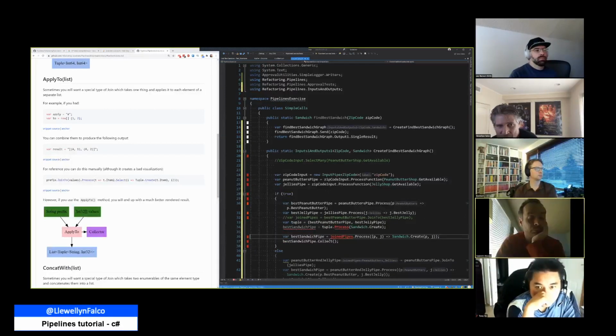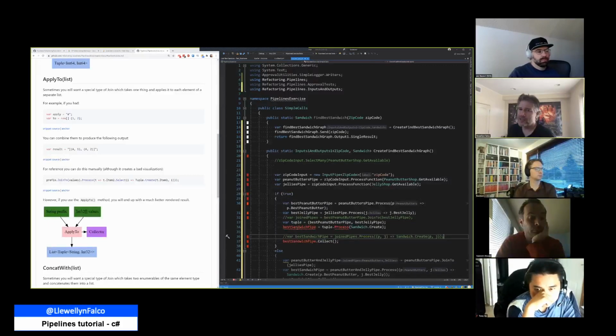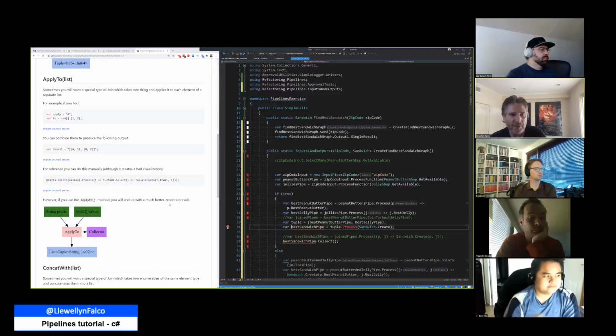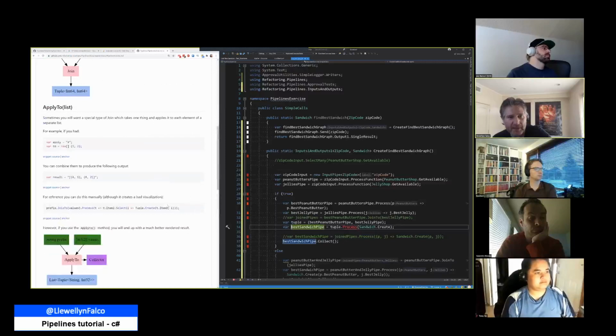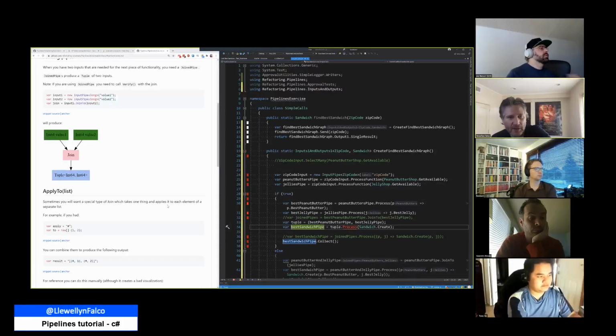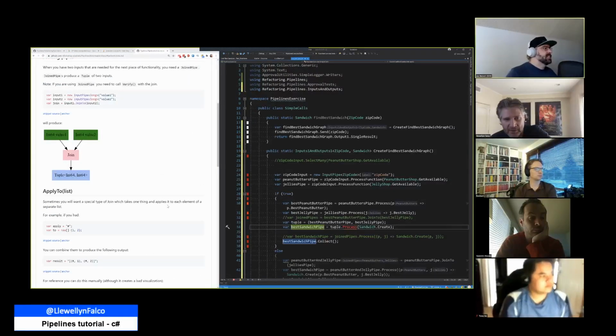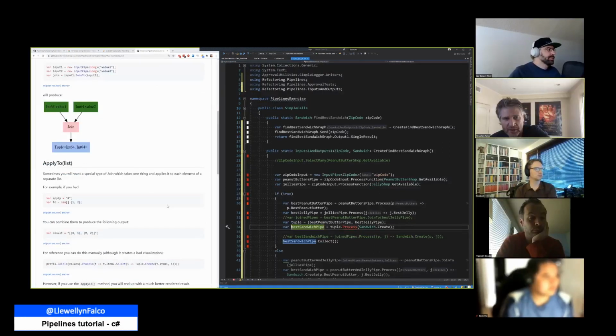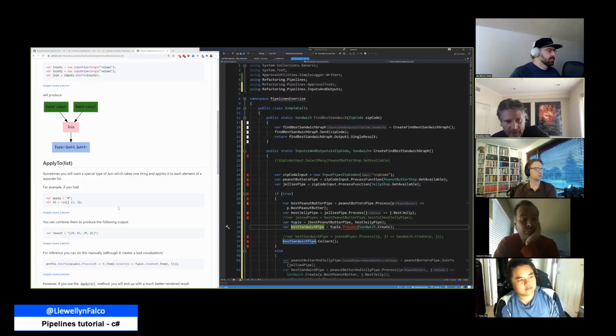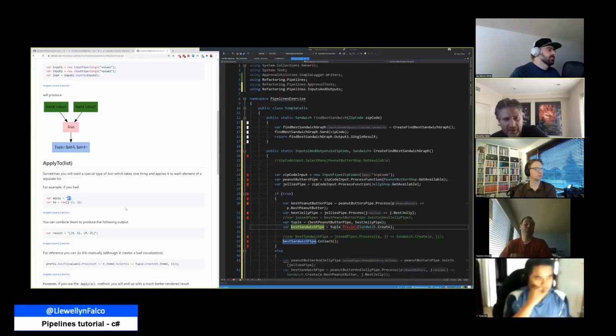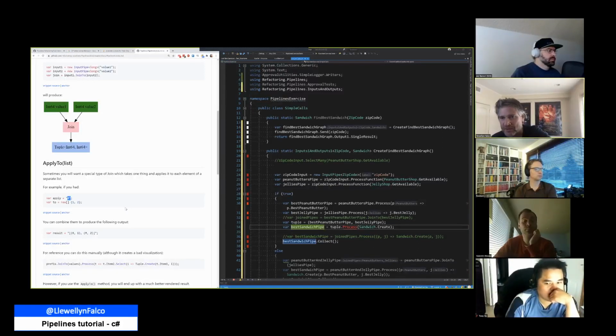Right? So let's say you had, scroll down, or we actually have it above. So here we have apply to. Join. Yeah, so here we have the numbers 1, 2, and we have the prefix pound, and when you apply it to, you get this result, pound 1, pound 2, right?